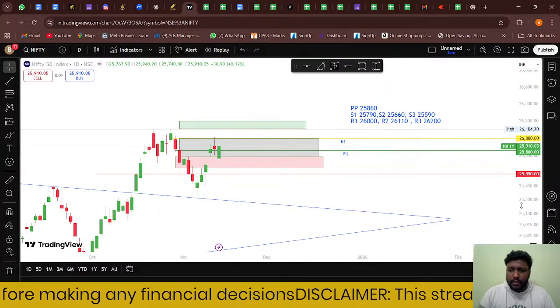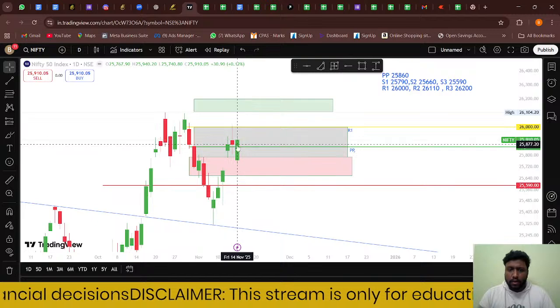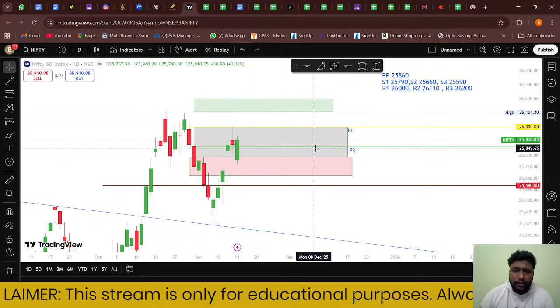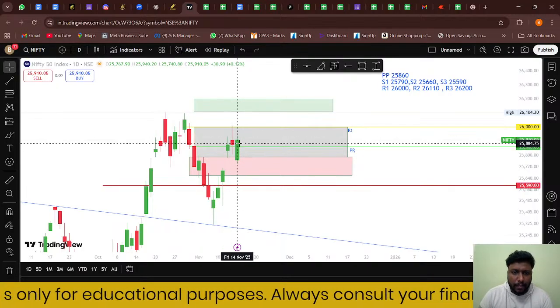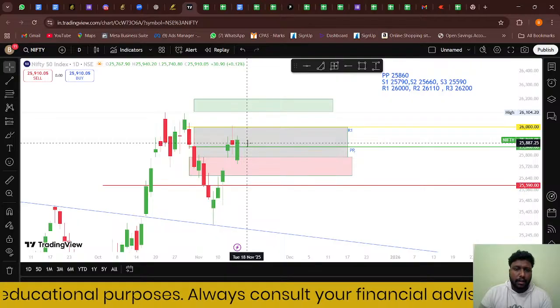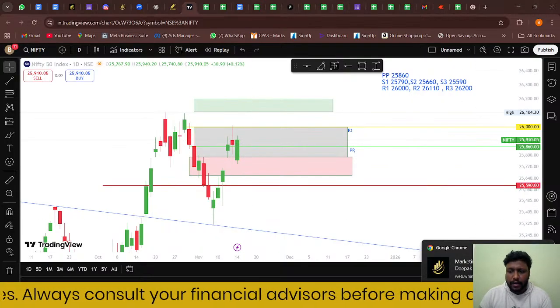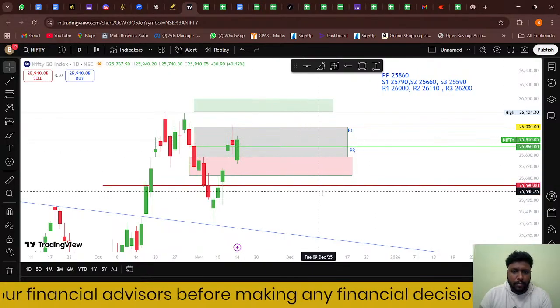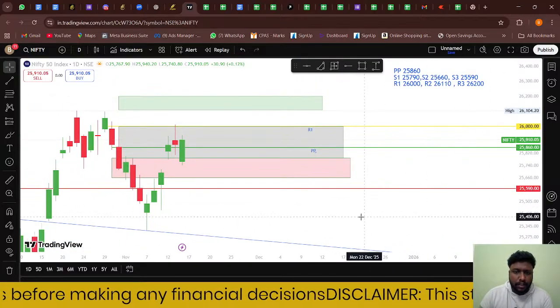So you can see here that the market has already closed above this particular pivot point for the day. If this scenario continues, and it is sustaining above this level, then definitely bullish continuation will be happening in the market. So you can put a trade in the bullish direction itself.